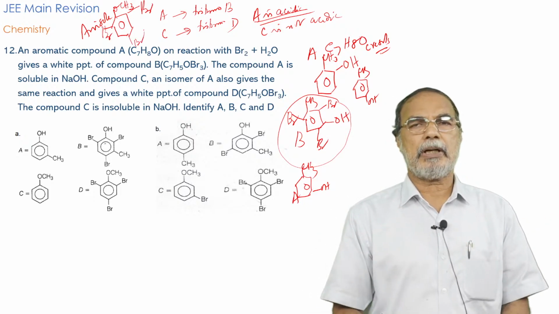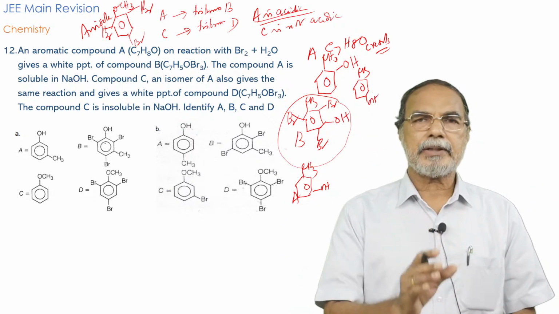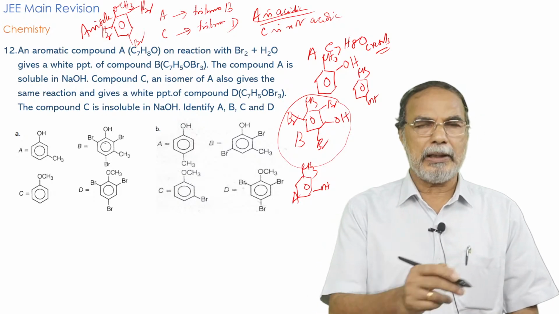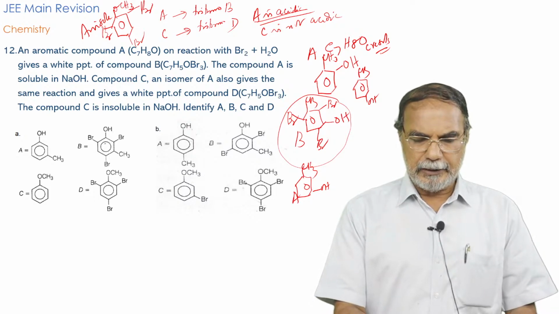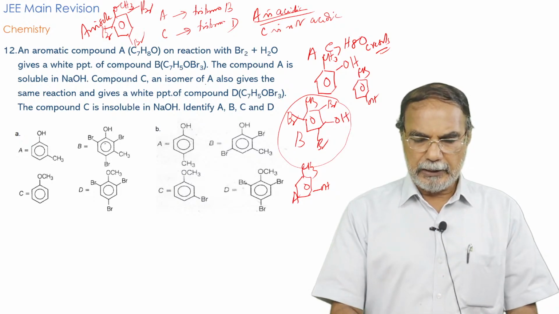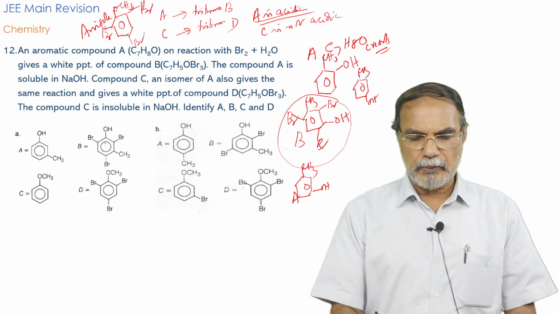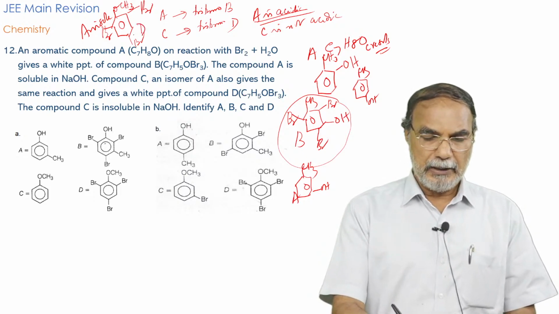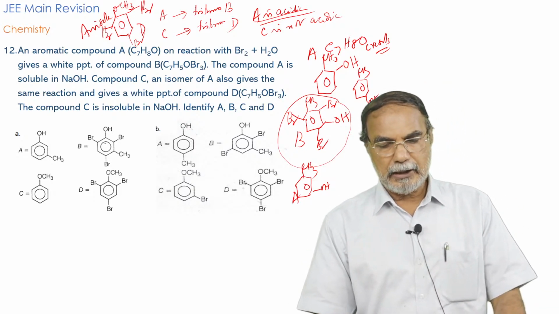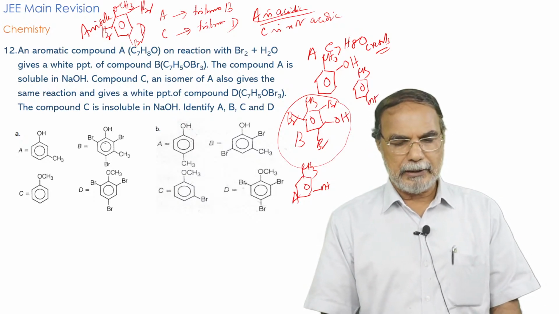Both the ortho positions and the para position are vacant, and the reaction can take place at these positions, and you get 2,4,6-tribromoanisole as a product. So that's the literature in the second sentence. Compound C, which is this anisole, an isomer of A, also gives the same reaction and gives a white precipitate of the compound D. So this is the compound D, and anisole is the compound C.